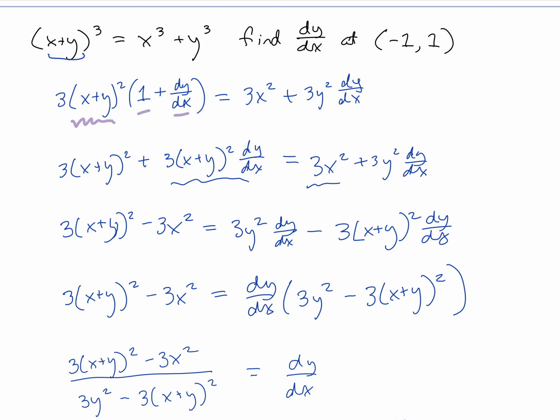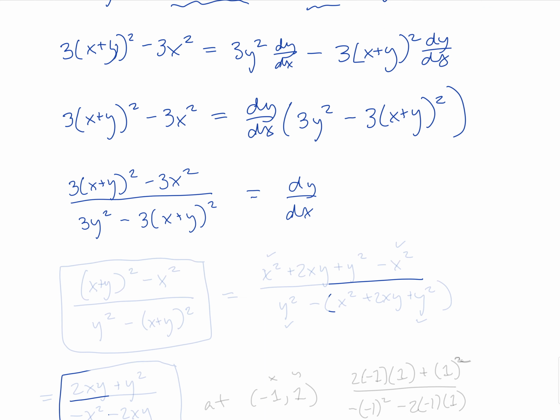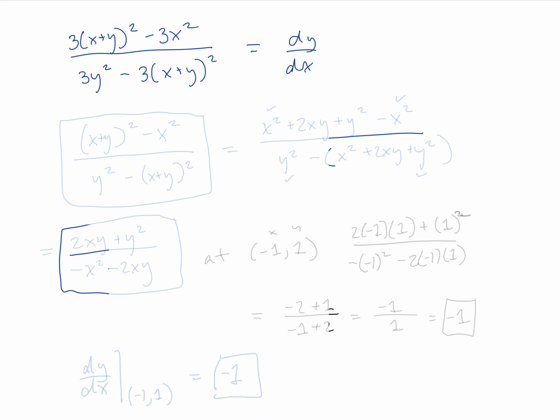All right, so there are things that could be done here. One very obvious thing is that 3 is a multiple of every single term, so I could write this as (x plus y) squared minus x squared, divided by y squared minus (x plus y) squared. At this point, you could leave it like this and that would be fine.